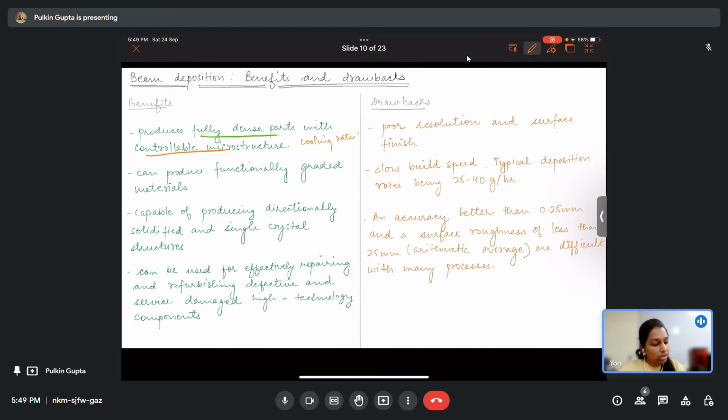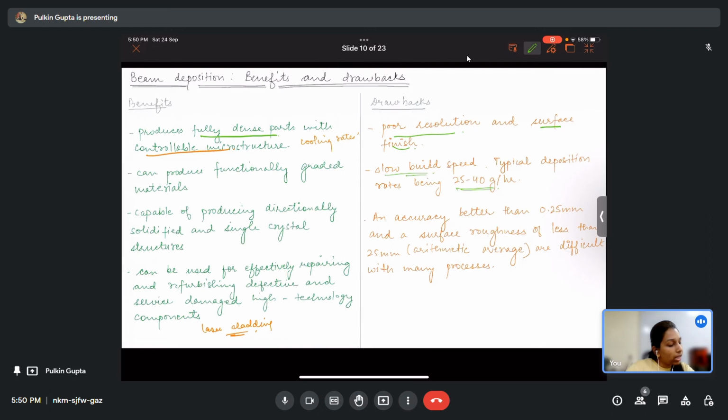Okay, so basically the laser cladding process. Now certain drawbacks are that it has a poor resolution and a poor surface finish. So this process has poor resolution and poor surface finish, and very slow build speeds of 25 to 40 grams per hour, which is really very slow.